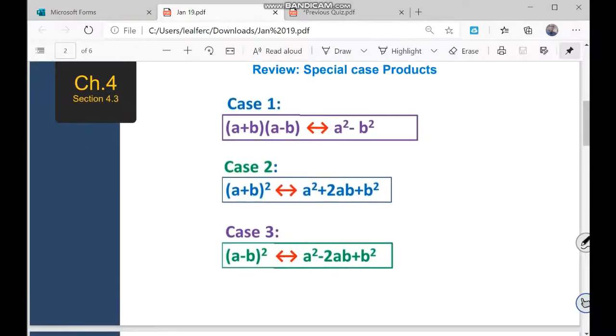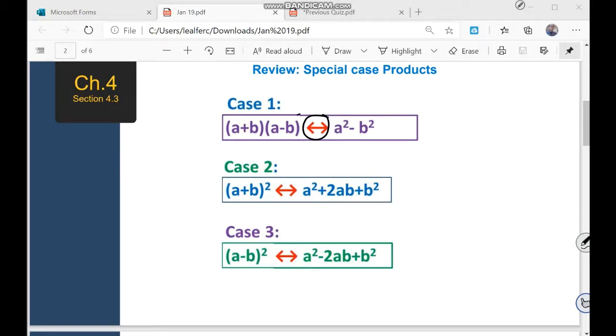You don't need to memorize, but after practicing, you will remember. Another thing that you're going to be able to do is check this. Instead of equal, I wrote this arrow pointing to both sides.